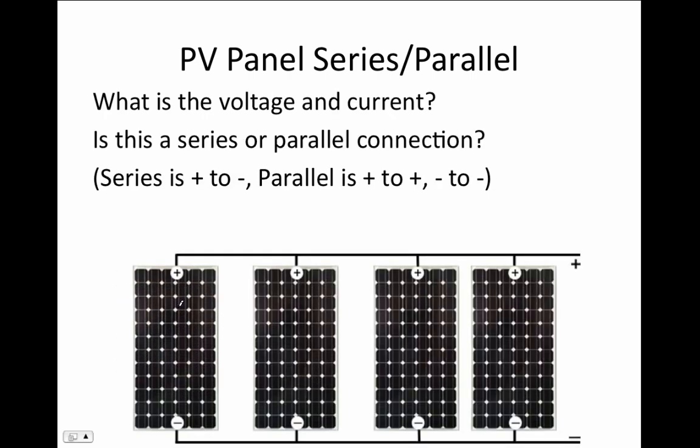So if we then take those panels and hook them up in this way, what is the voltage and current here? And is this a series or a parallel connection? So I'll give you a chance to think about this. And remember, series is plus to minus, and parallel is plus to plus, minus to minus. And remember in series the voltages add, and in parallel the current adds.